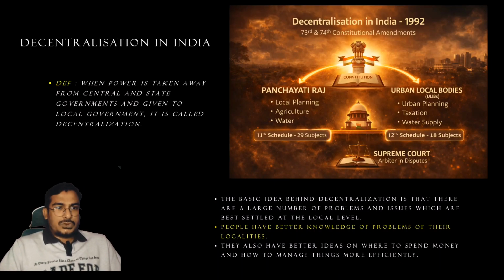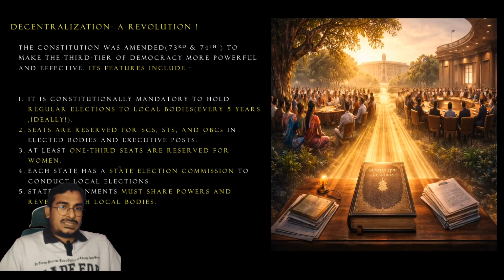Now let's understand the features of the decentralization of 1992 through the 73rd and 74th Amendment Acts. The 73rd Amendment Act mostly covers features revolving around the village panchayats or gram panchayats. The 74th Amendment is about the cities or the urban areas. Generally, every 5 years elections are supposed to happen. This is the first feature.